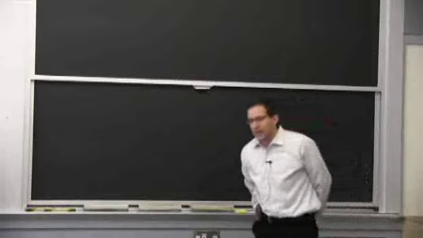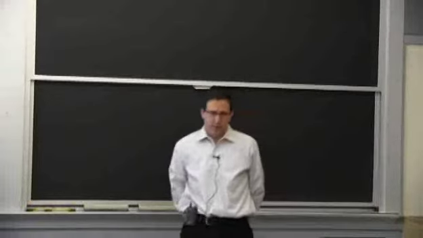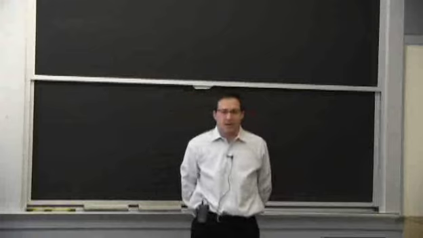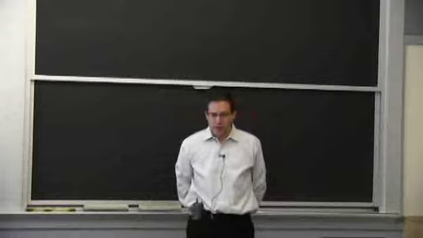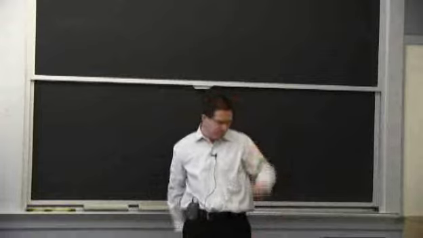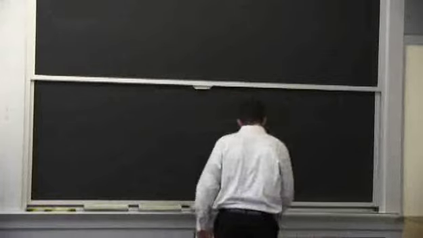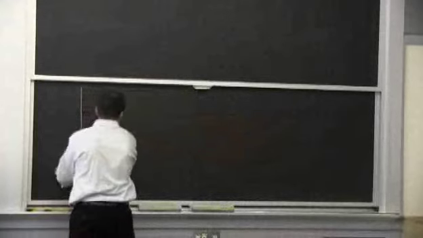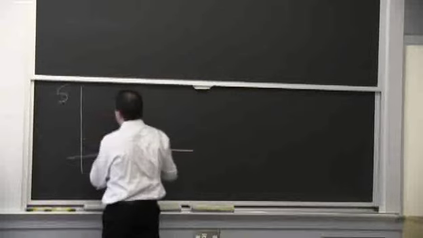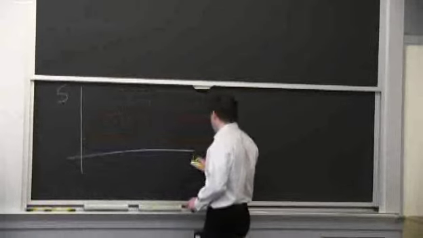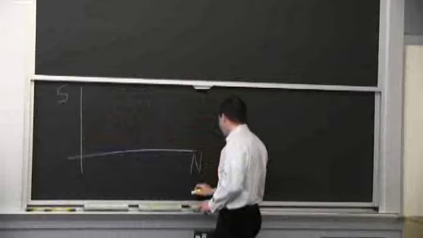If you were here yesterday, we talked about the stress life approach. So that was the SN curve that we've been talking about for 2 classes now, where the higher the load, I should draw it one more time. We may use it actually. So the SN curve, you have the stress level, or the stress range, or the stress amplitude, and then you have the number of cycles or time, right?